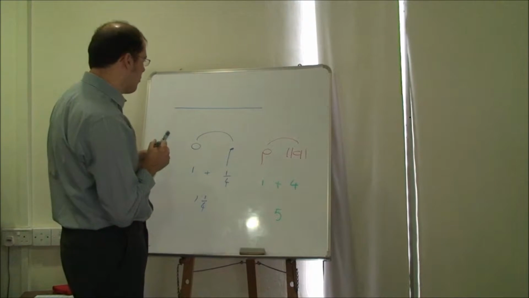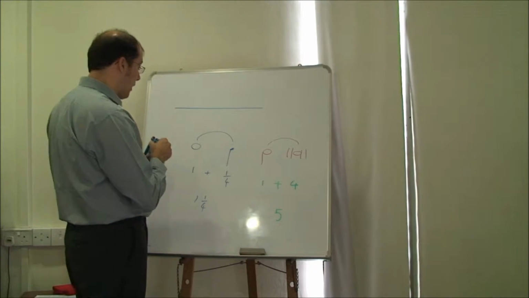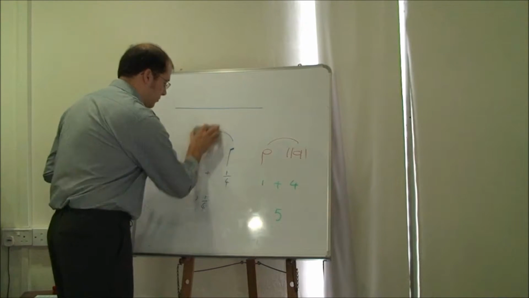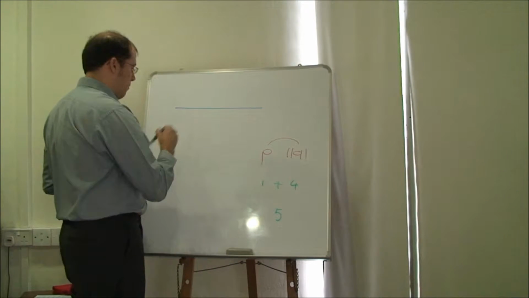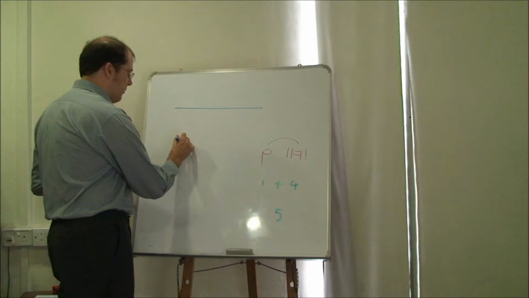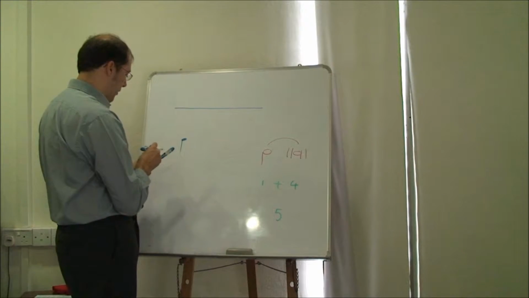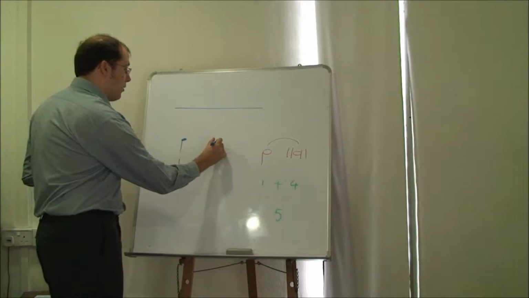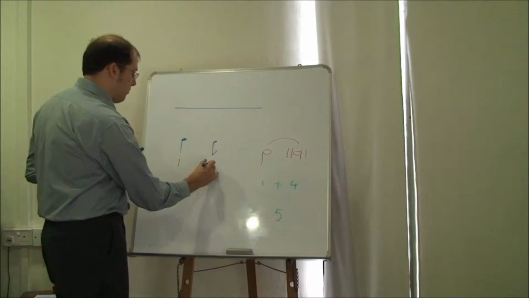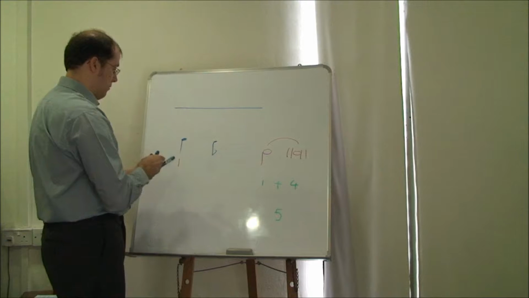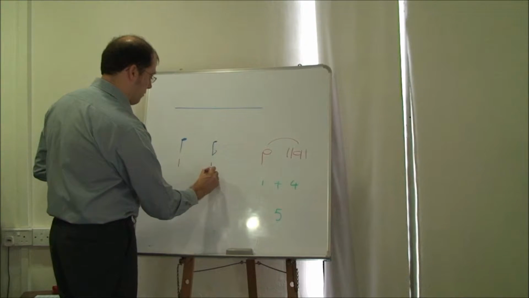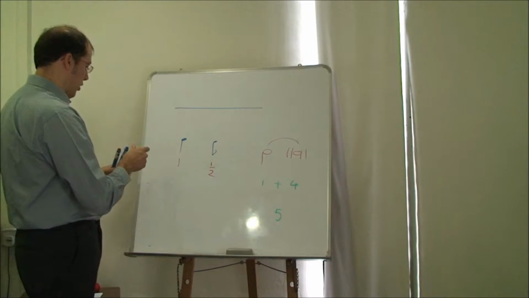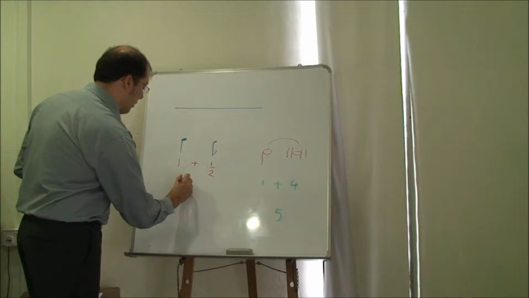So to get to threes, divisions of 3, let's say this is 1, so we call that 1, and we add half of 1. So that will be 1.5.